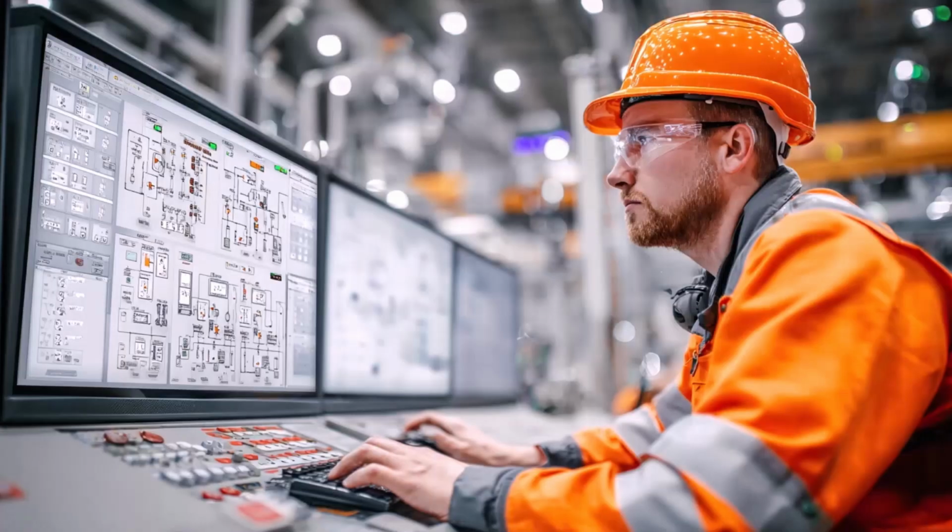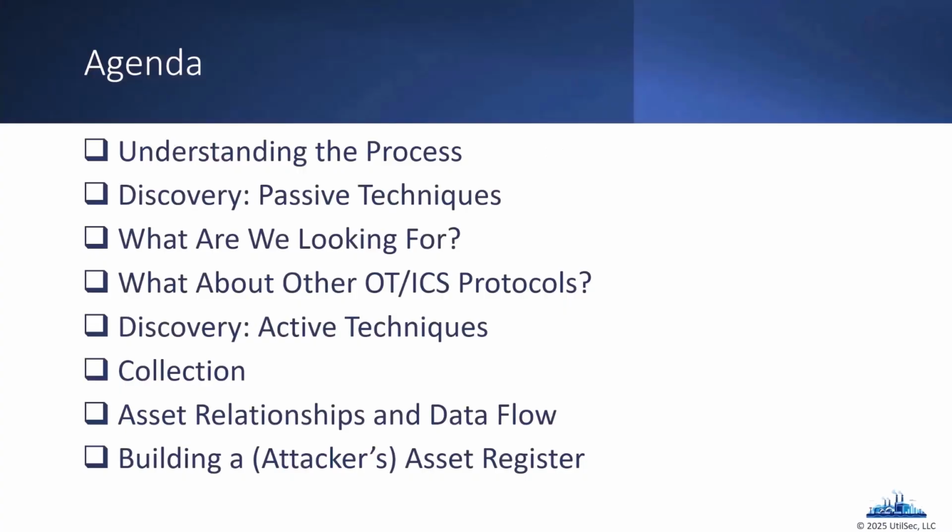How we can manipulate those assets to in turn manipulate that equipment, to manipulate the process of what's happening in the real world. So we are talking about discovery and collection in this part of the course, and we'll spend some time in both.